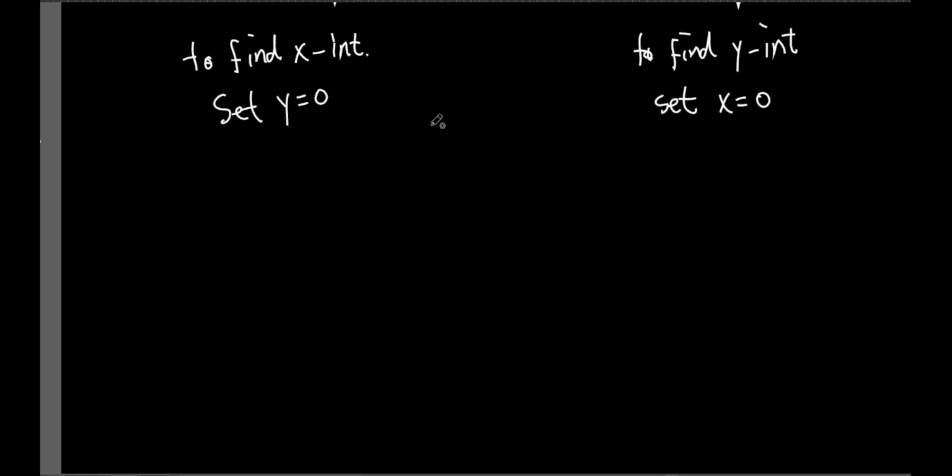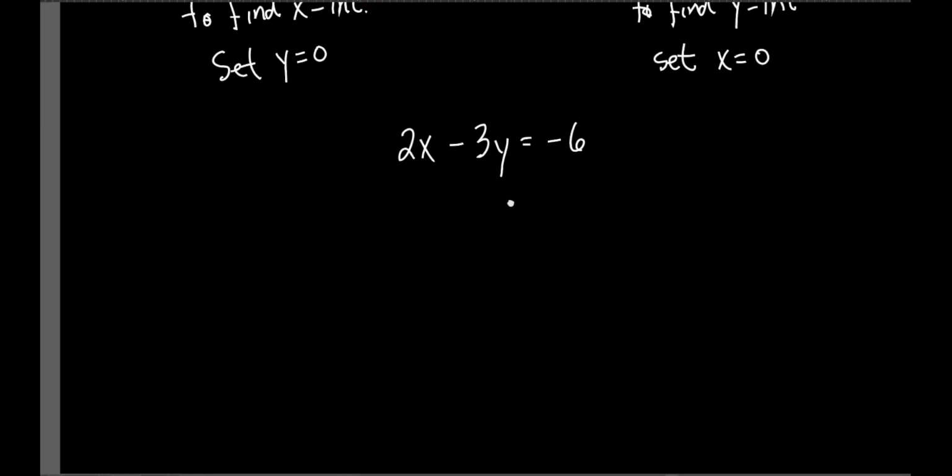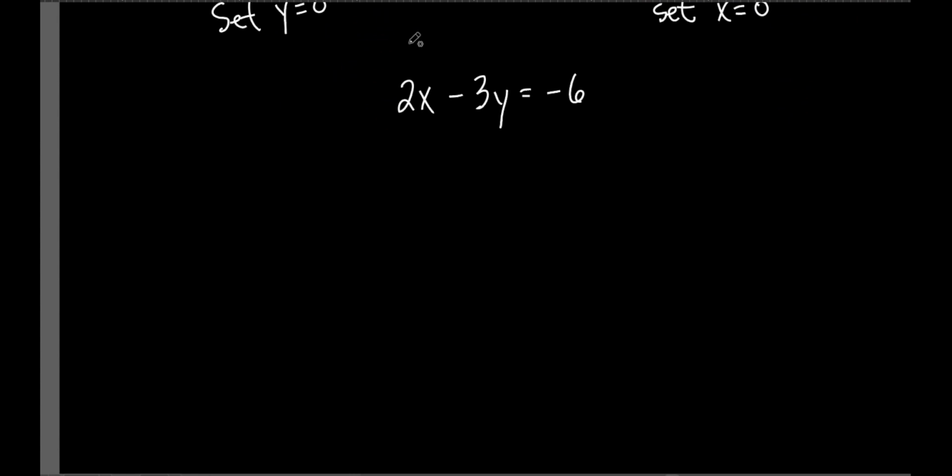So let's see. Let's put this equation. Okay. This is actually in standard form right here. Everybody see that? Because, let's go back. Let's just write it in. It'll be a lot easier.